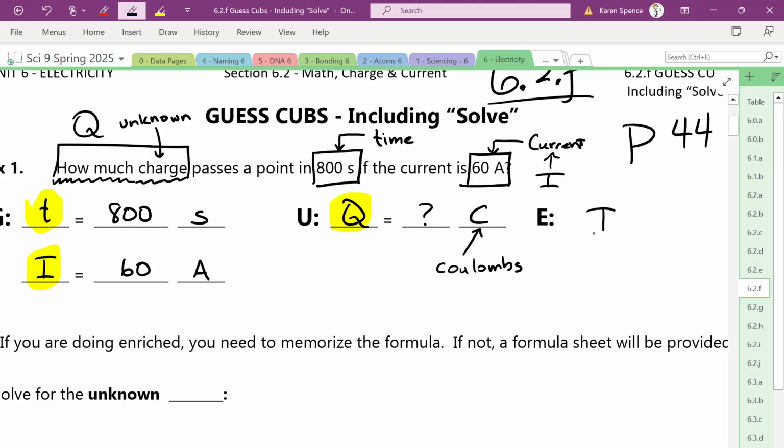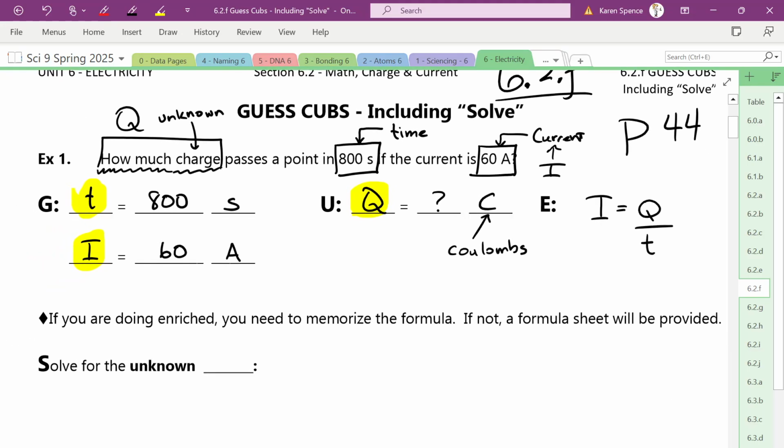So we have I is equal to Q over T. So that's our GUE. Our first S is solve for the unknown, and in this case, the unknown is Q. Okay, so we want to solve our equation for Q.